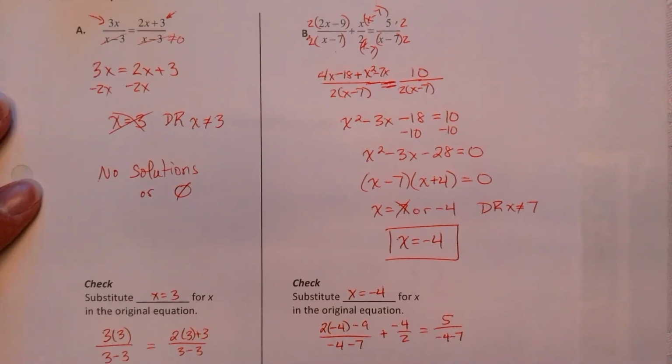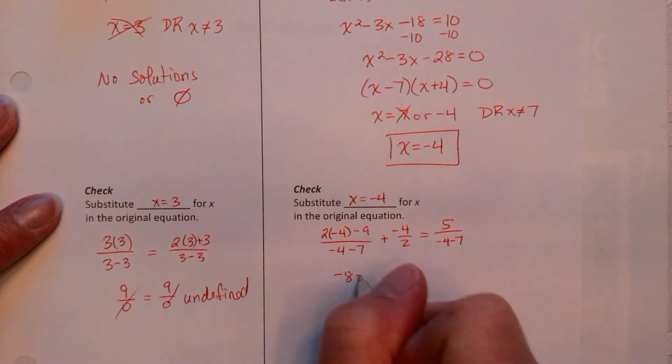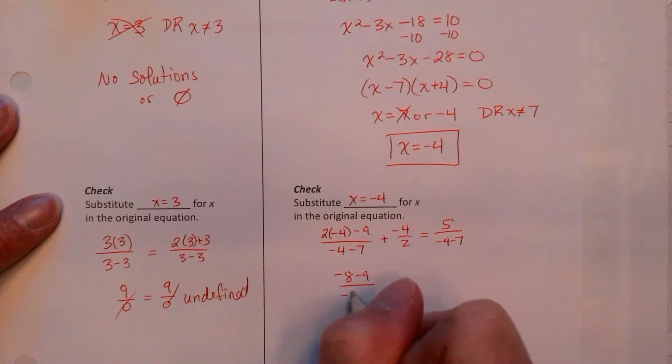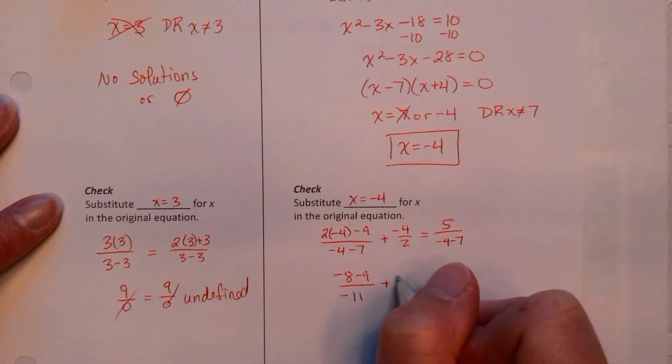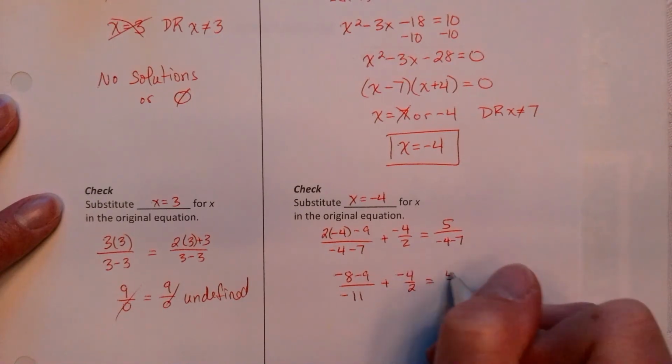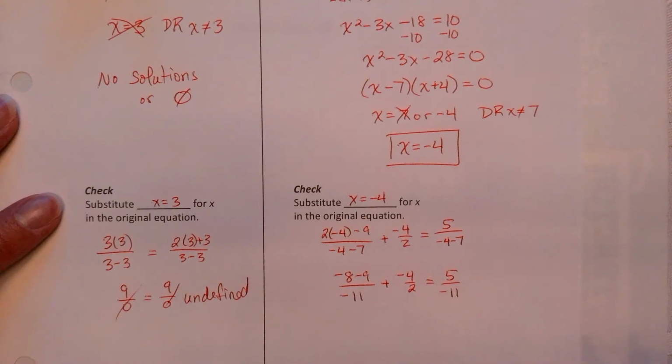Okay, so now that I have my original problem written, I'm going to go ahead and clean this up. I have negative 8 minus 9 over negative 11. And I guess I will leave this as negative 4 over 2, and that equals 5 over negative 11. All right.